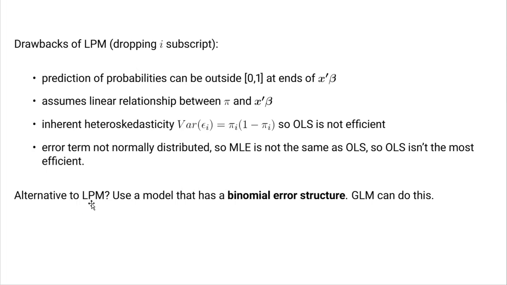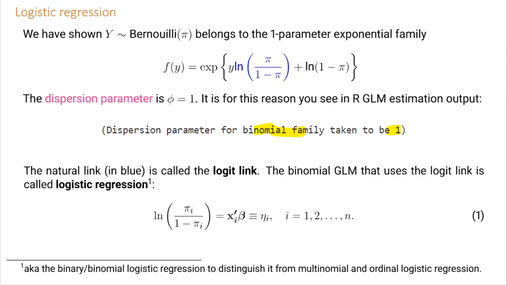So as an alternative to the linear probability model, we can use a model that has the binomial error structure. We've shown on the theory side of GLM that the Bernoulli distribution is a member of the one-parameter exponential family, and we know that the dispersion parameter phi is 1. For this reason, when you run the GLM, you'll see in the output that the dispersion parameter for binomial is 1. That is the phi.